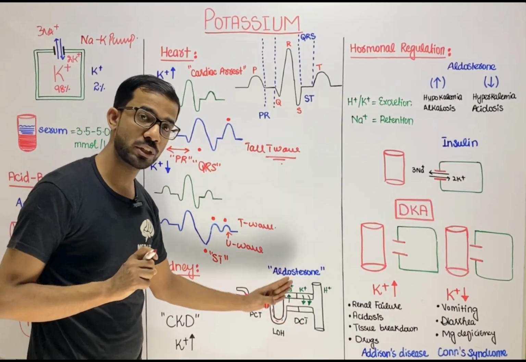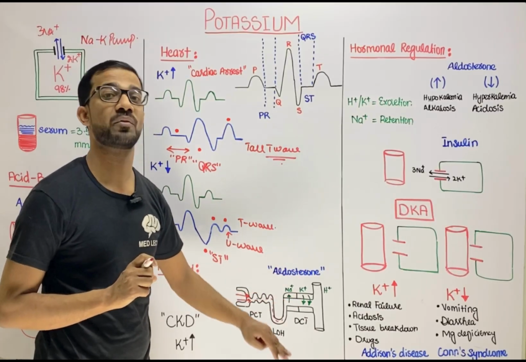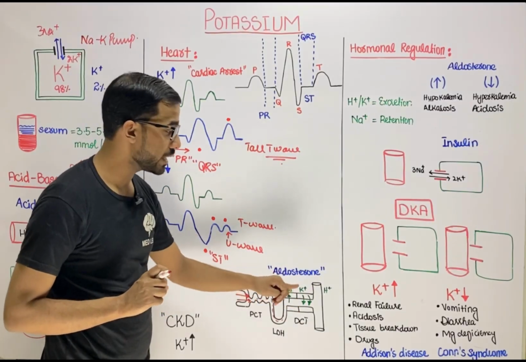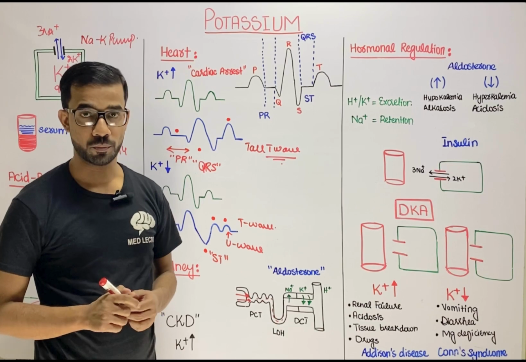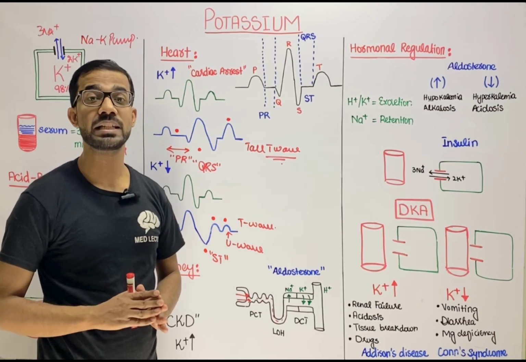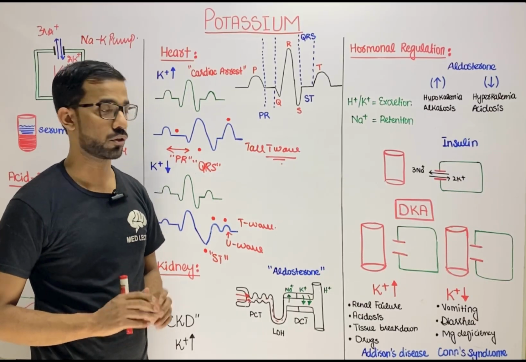Sodium will move into the tubular cells, and the potassium in the tubular cell will start moving into the lumen. Another thing which you see, H positive will also be excreted by the tubular cells into the lumen. So that is a normal process happening in the distal convoluted tubule under the influence of aldosterone.